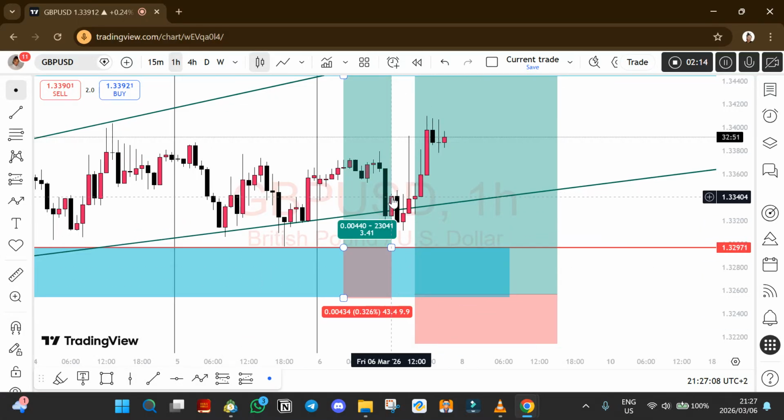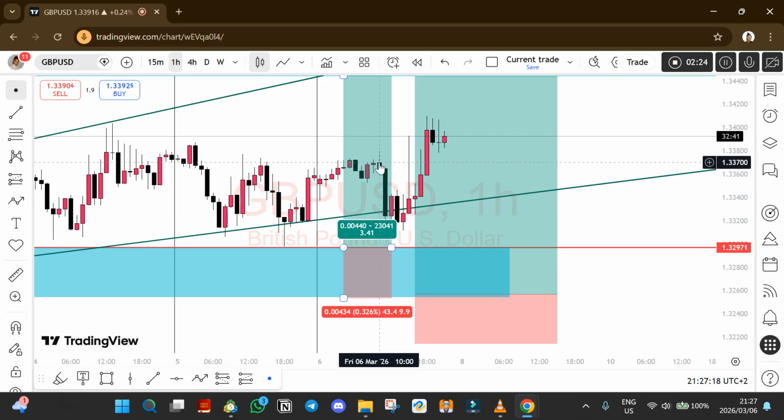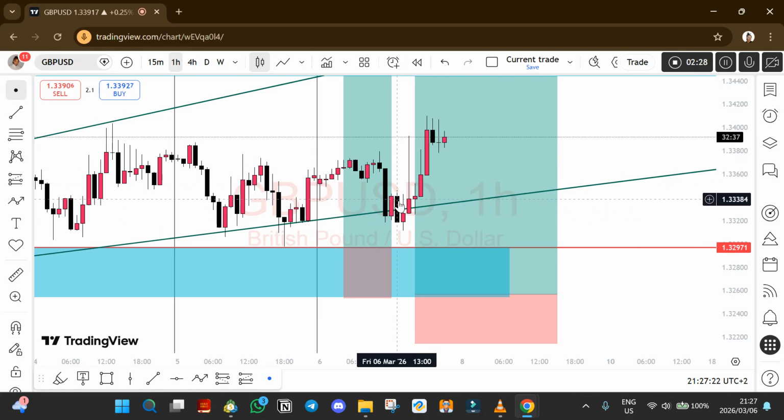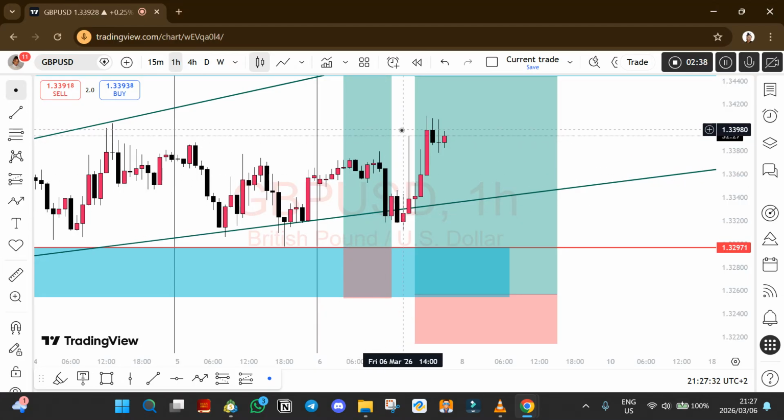This was just after London Open, during the London session. And we see that the market fell massively at that time. That's why we see that black bearish engulfing candlestick.